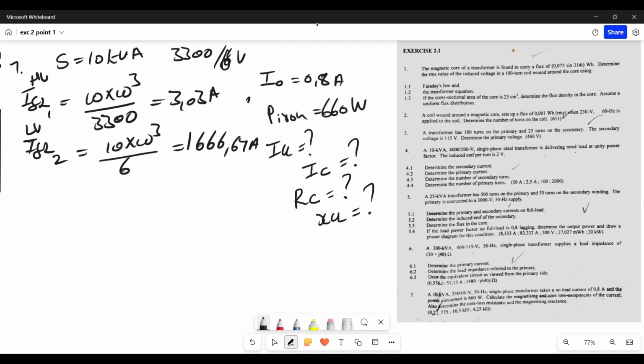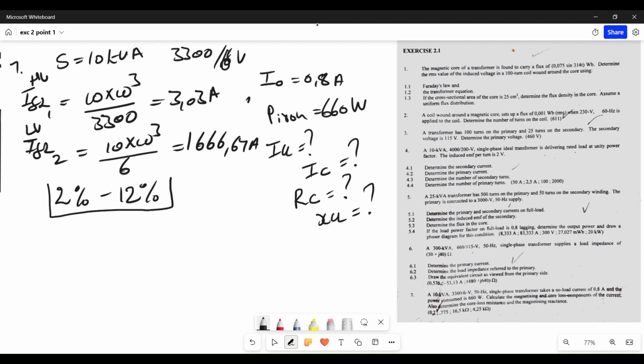The side in which the percentage of the no load current is between 2% and 12% is the side in which the test was done, meaning the side where I connect my measuring instruments.